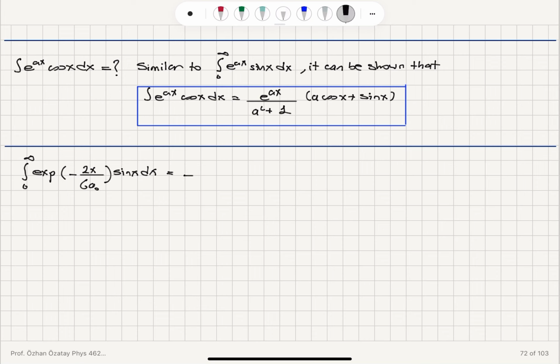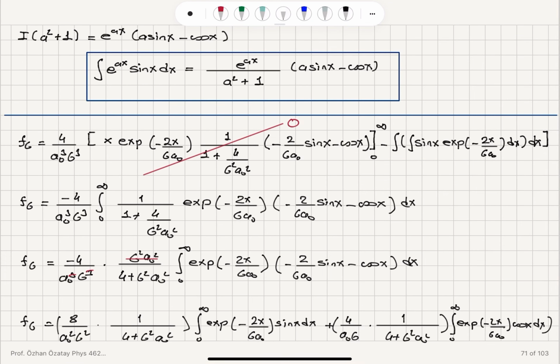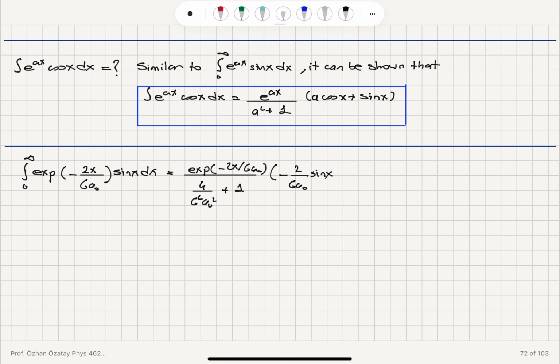So that is exponential minus 2x over ga0 divided by a squared plus 1, which is 4 over g square a0 square plus 1, multiplied with a sine x minus 2 over ga0 sine x, and then I had a minus cosine x, so that is basically minus cosine x. So that's the answer for this integral. This will be evaluated between 0 and infinity.